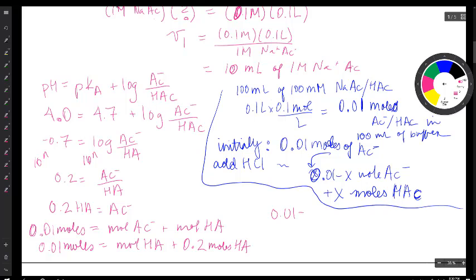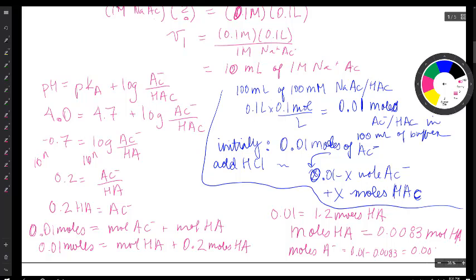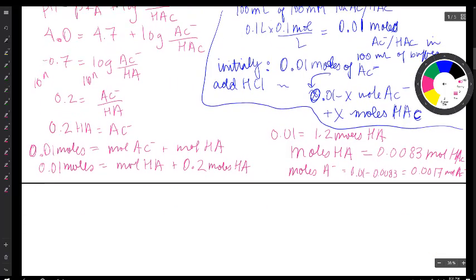So 0.01 is equal to 1.2 times the moles of HA. So we're going to get an answer of 0.01 divided by 1.2, 0.0083 moles of HA, and then moles of A minus is going to be equal to 0.01 minus 0.0083, and we'll get 0.0017 moles AC minus.